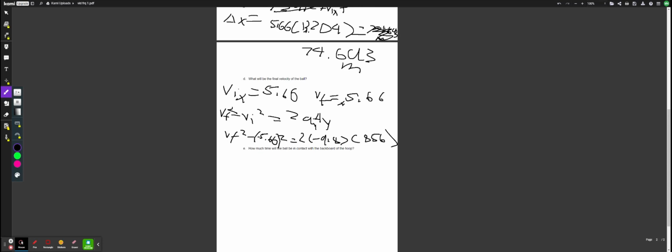So now we just solve. Negative 19.6 times 856 is equal to negative 16,777.6. We divide this over.